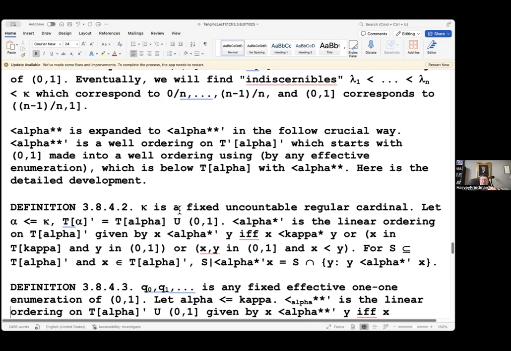And then I do my double star construction as I did before with the lexicographic ordering and the max lex. I use max lex and all that.